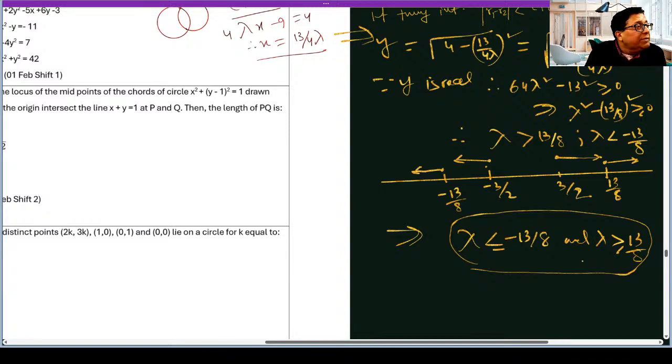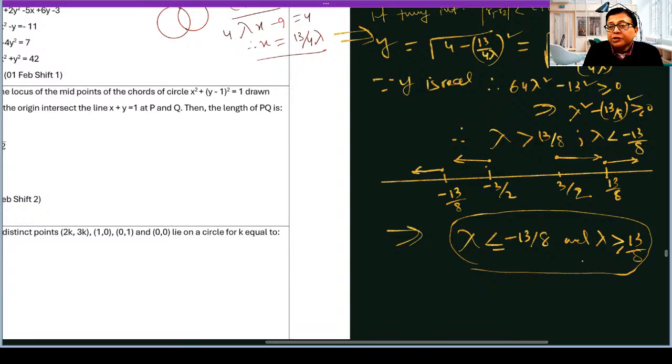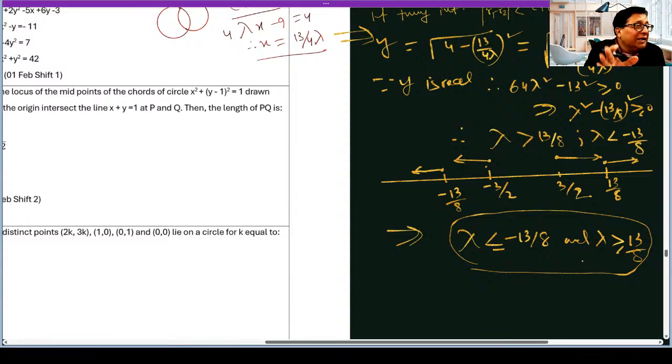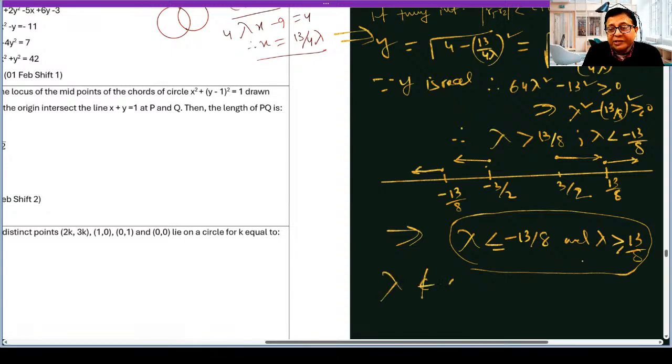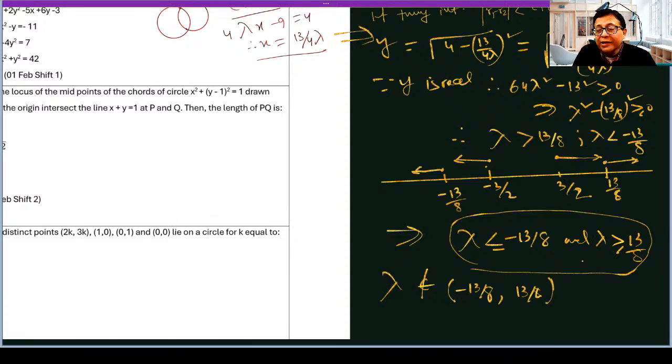Now solve the problem. Read what they have told. So lambda less than this and greater than this means lambda should not lie in the interval. So lambda does not belong to this interval, minus 13 by 8, comma 13 by 8. So what's the value of A? Tell.